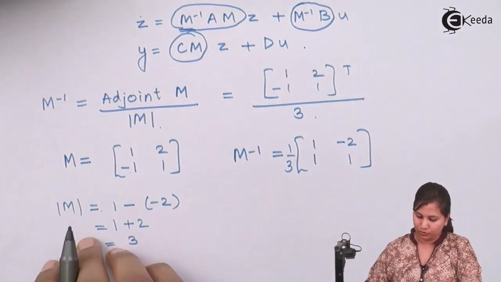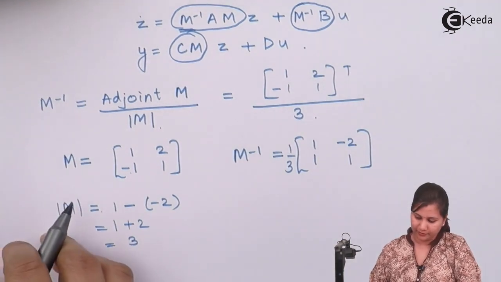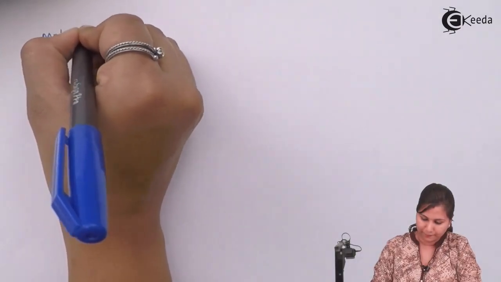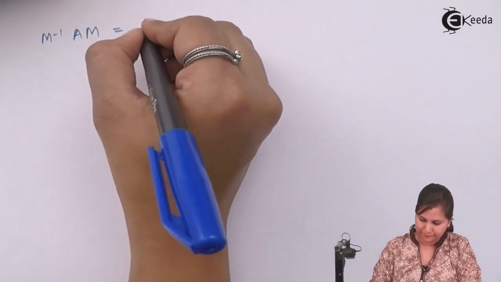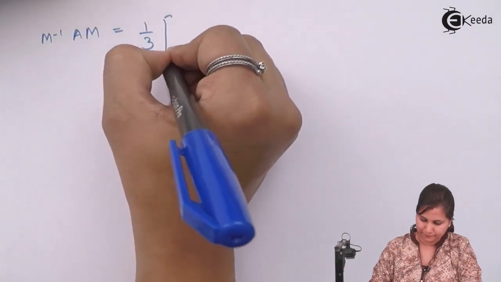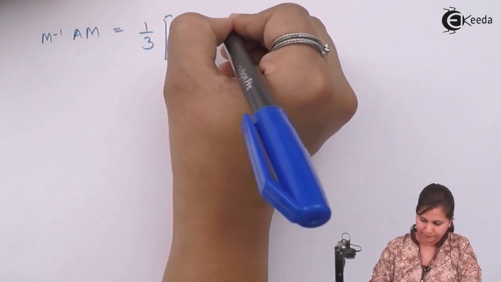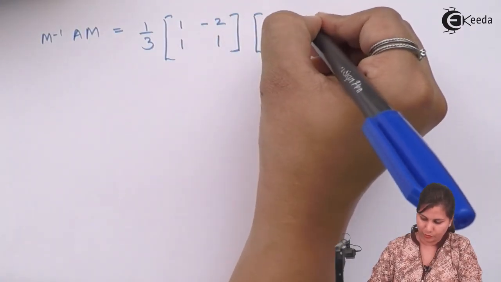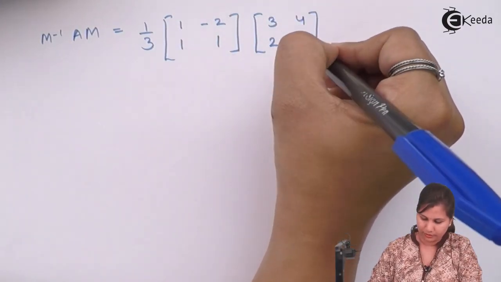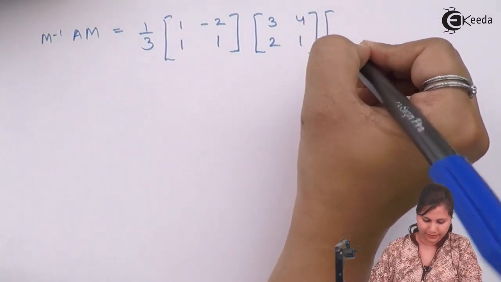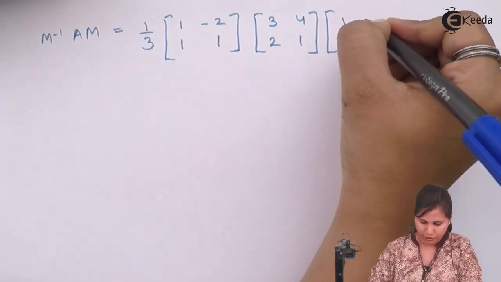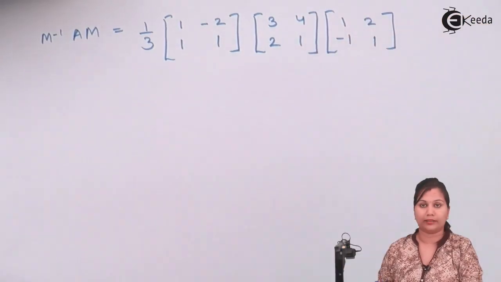Okay, so we have M inverse is, A matrix is 3, 4, 2, 1 and M matrix was 1, minus 1, 2 and 1.